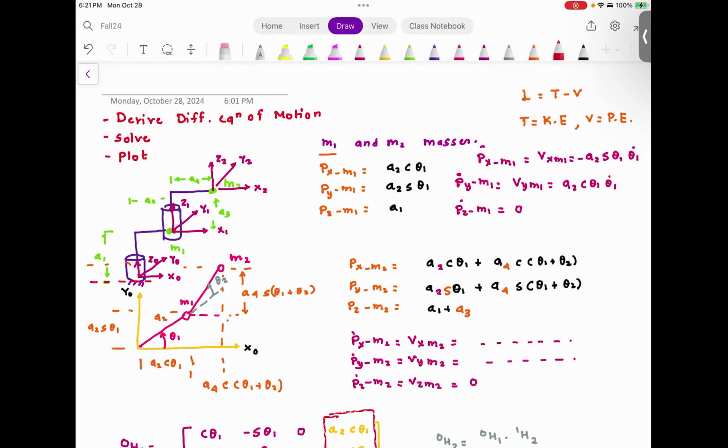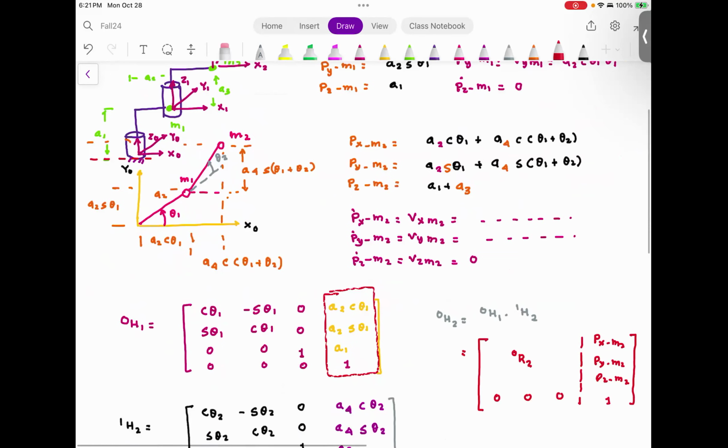In other words, the Z location of mass M1 is found here, which is very important. This is the Z position of M1. Similarly, the Z position of M2 will be found here. Do you agree with me?